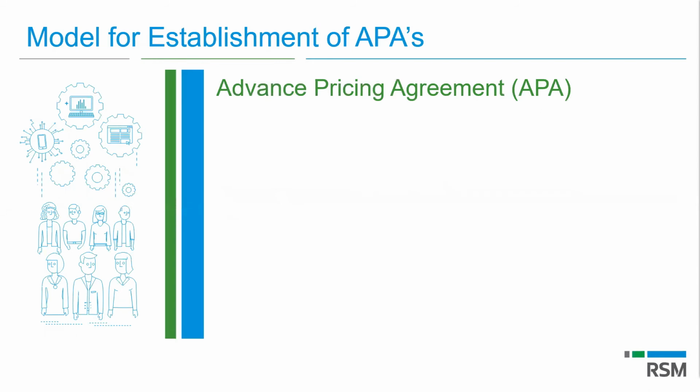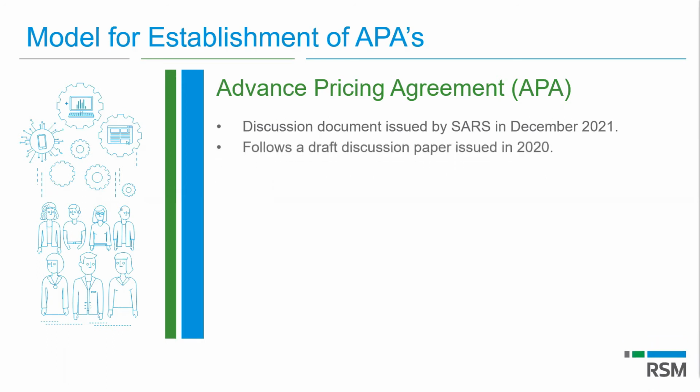The next development has been the release by the South African Revenue Authority of a model for the establishment of APAs. They issued a discussion document in December of 2021. This was really following a draft discussion paper that they issued in 2020.